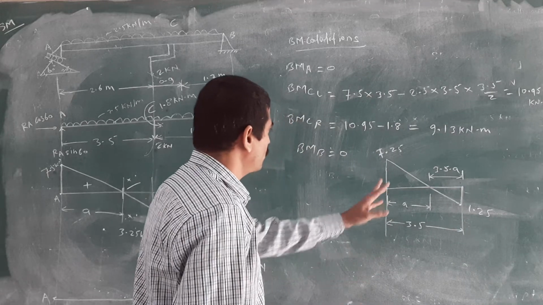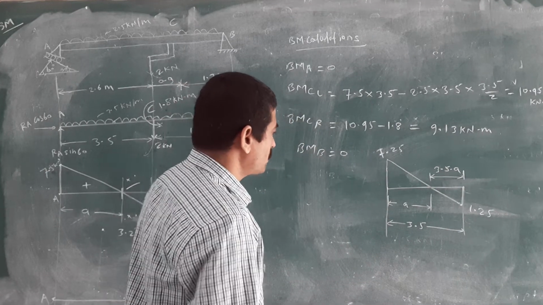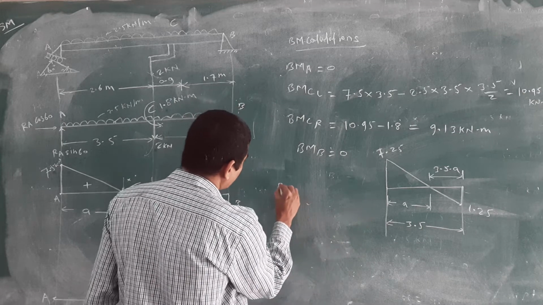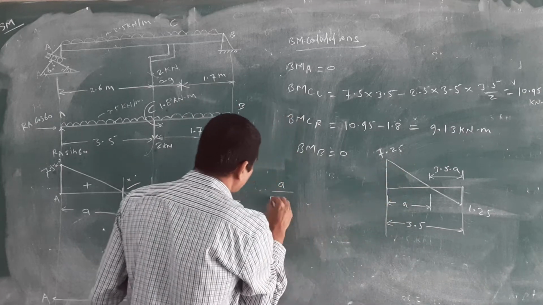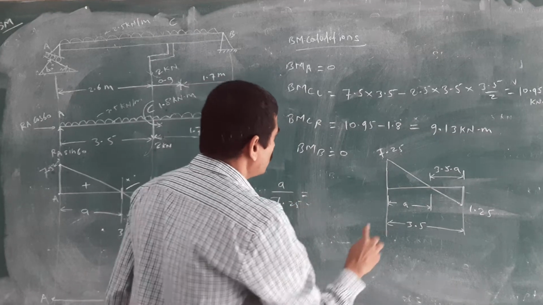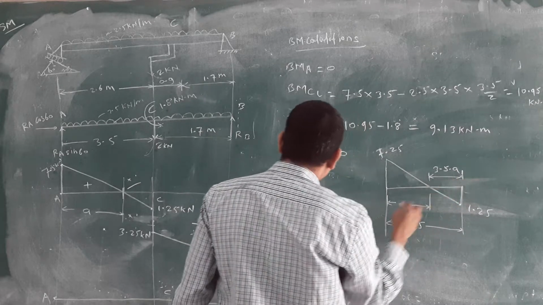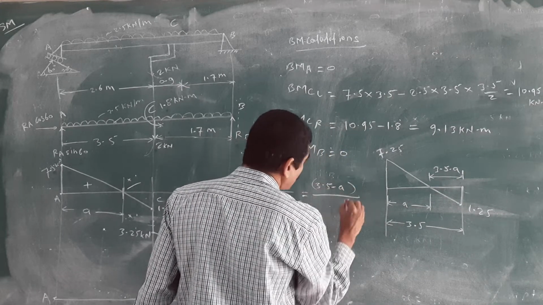Okay, once you are getting all these values, then you can easily calculate with the help of the similar triangle principle. How to calculate? You know the similar triangle principle. A divided by 7.25 is equal to what? This distance 3.5 minus A, divided by what?